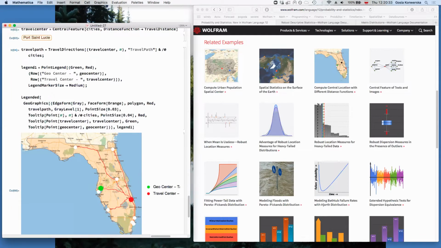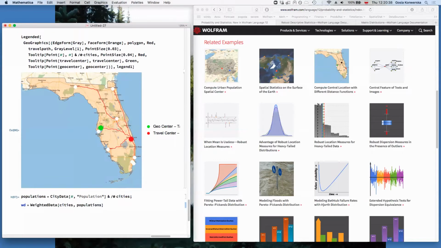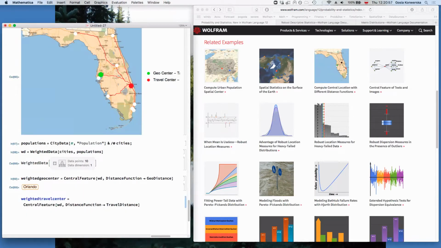Again, we might take into account the population of the cities and compute the weighted data, so the locations with the populations being our weights, and then find the geocenter based on a geo distance and the weights. And then we can also find what I called weighted travel center, which is a central town based on the travel distance and also taking into account the weights given by the population.